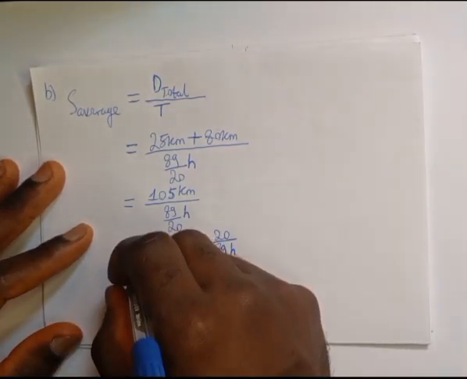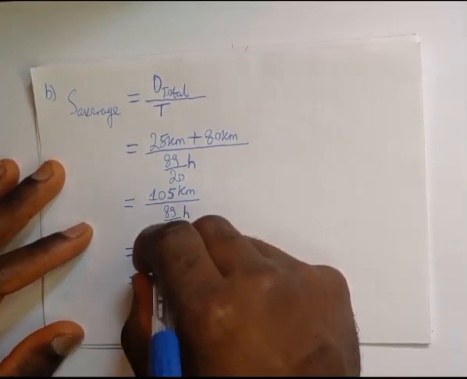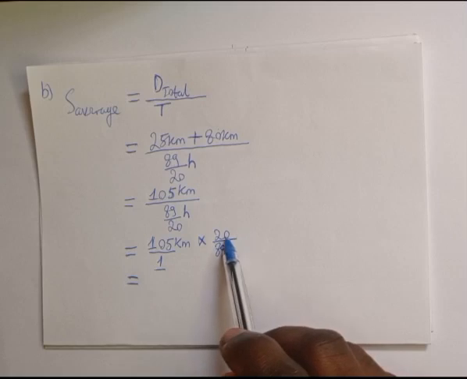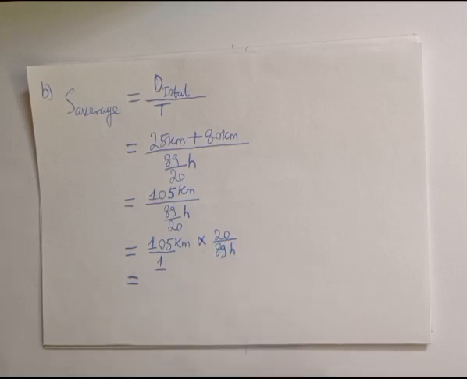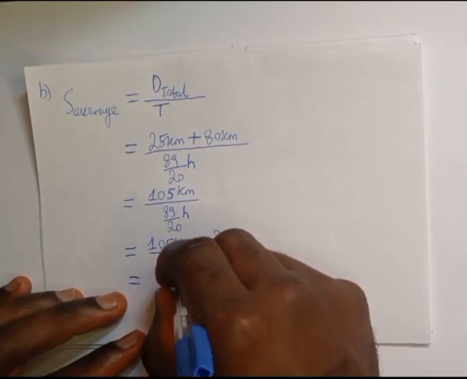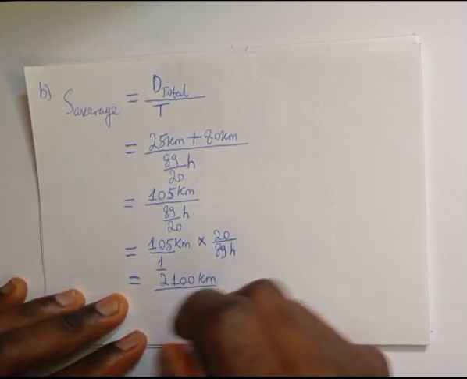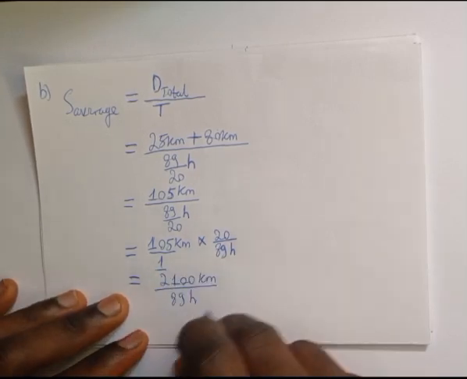And this will be equal to 105 is over 1. Looking at what we have at the numerator and at the denominator, we cannot perform any simplifications. We are simply going to multiply what we have at the numerator, 105 times 20. It gives us 2,100 kilometers all over 1 times 89 at the denominator is 89 hours.